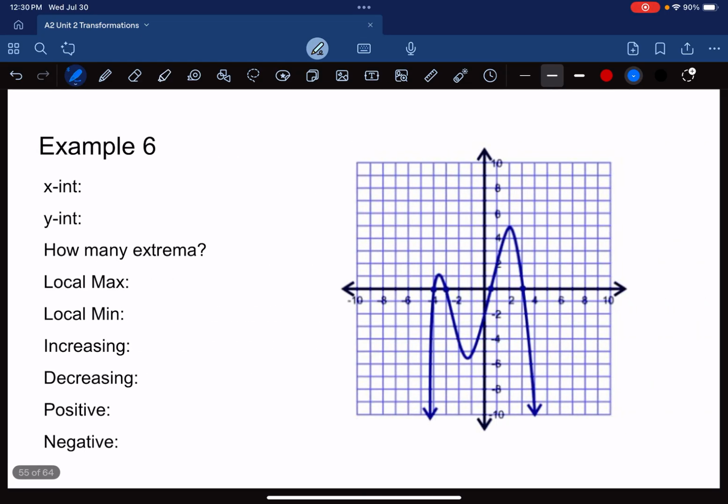Example 6 is the last one, I think. Yeah. So pause the video, give it a try.